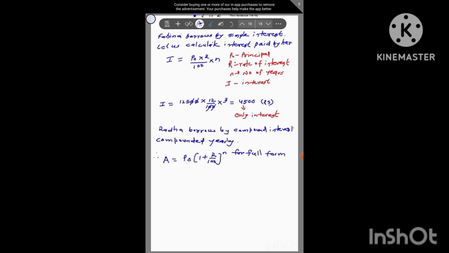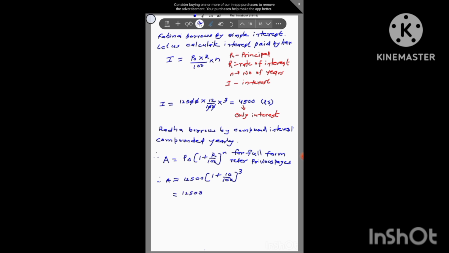For the full forms and meanings of these, refer to the first slide or the first video or your books, and you will come to know what all these quantities are. Okay, now we substitute them. So A equals, now P0 is the same. This has changed from 12 to 10, and 3.